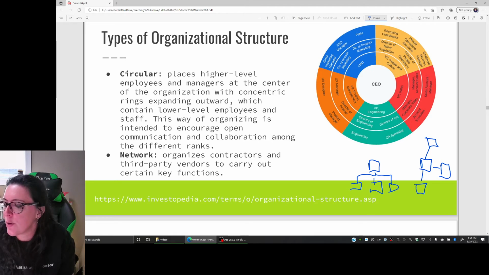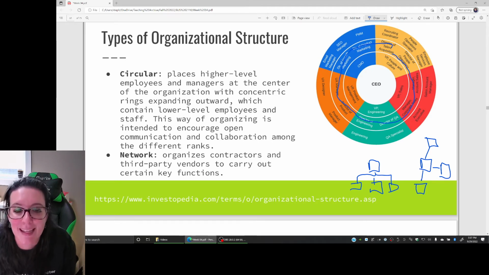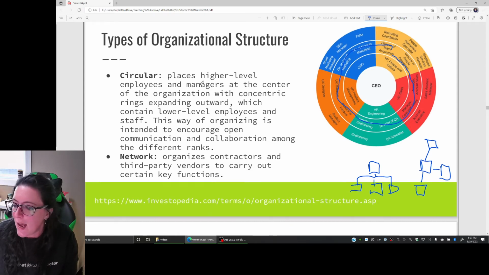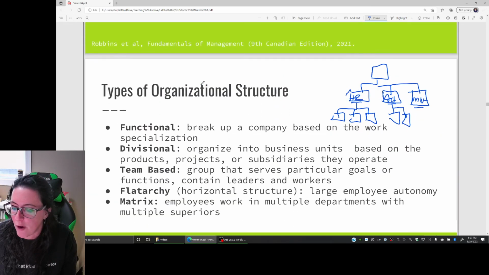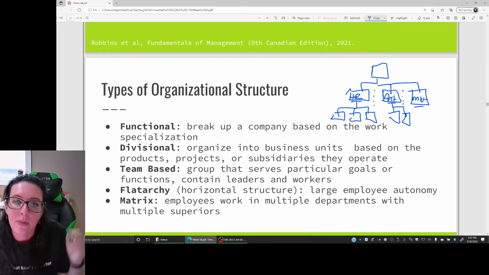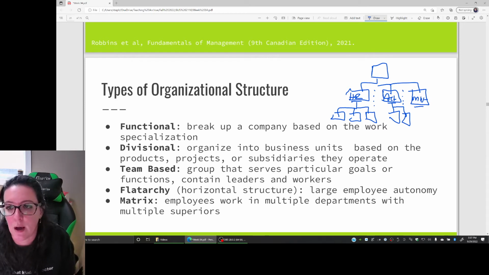And it's also to show that these individuals here are at the same level and working together. So there's more team-based collaboration at different levels of the organization, as opposed to the more functional or divisional, which can be quite siloed, right? These people may not interact with each other at all. They may only report to the person above them.